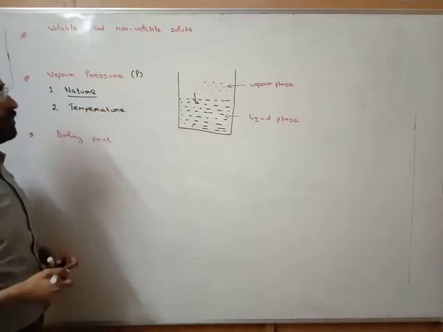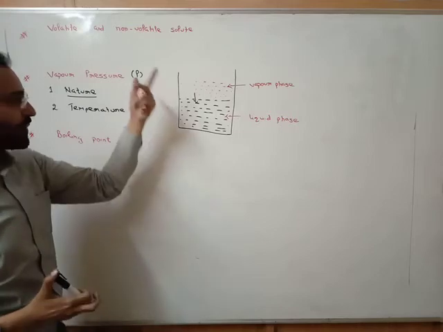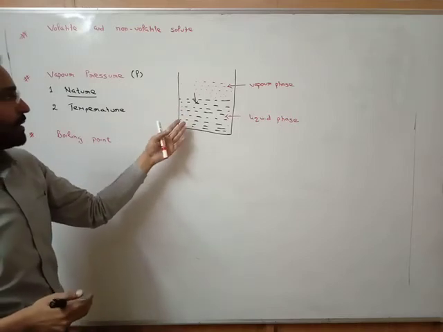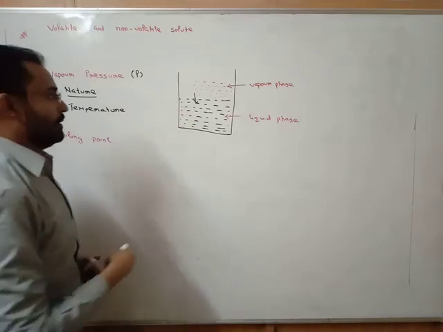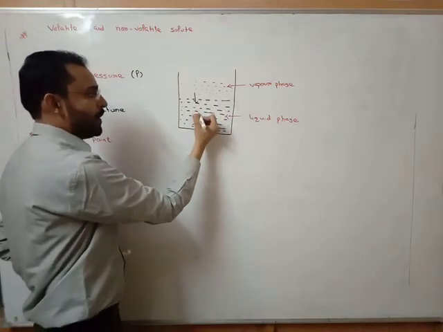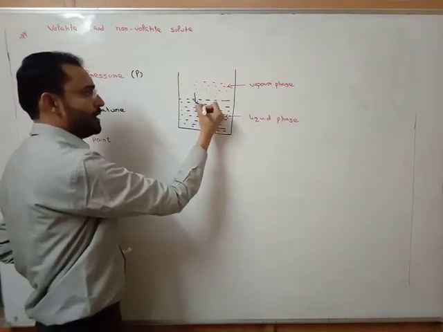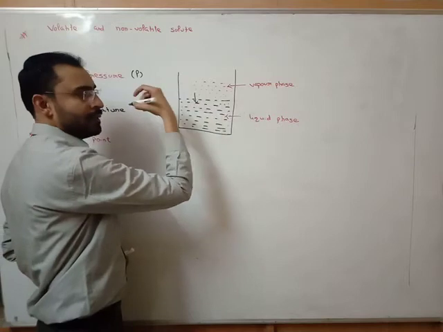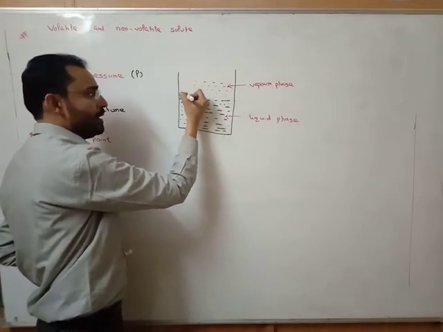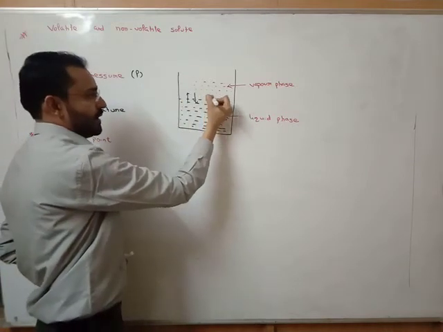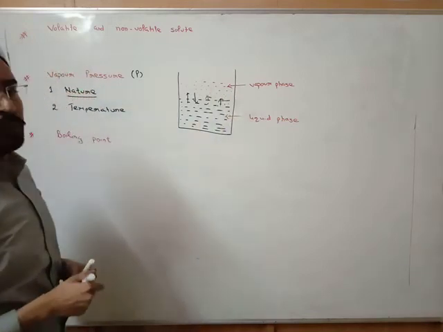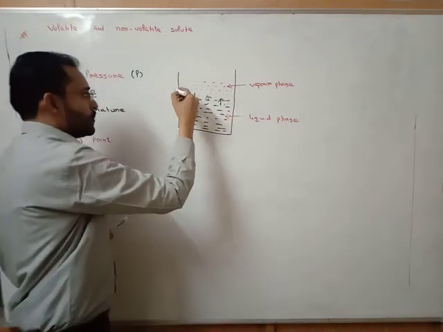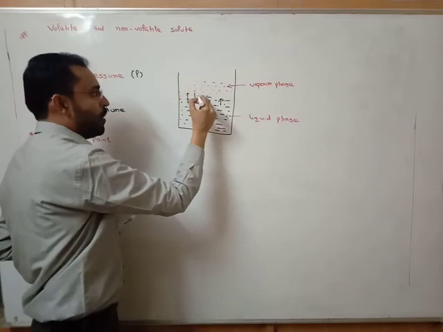Back to this diagram. Suppose temperature of this system is increased. What will happen? If temperature increases, kinetic energy of these molecules will increase. They'll tend to leave the liquid and get into vapor phase. So number of vapors is bound to increase.